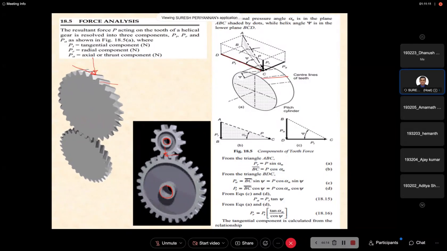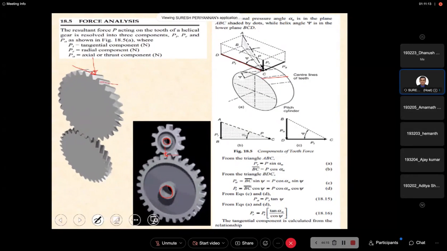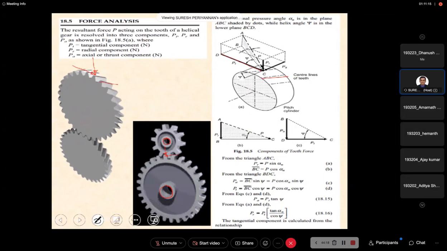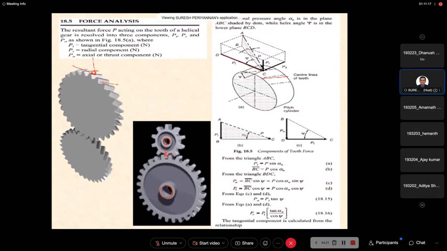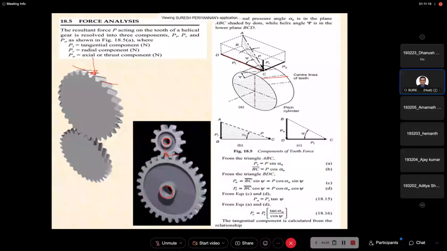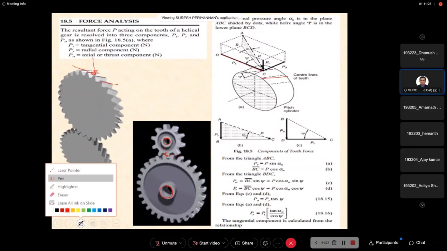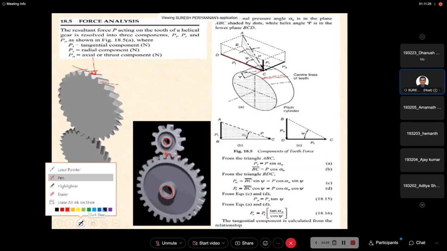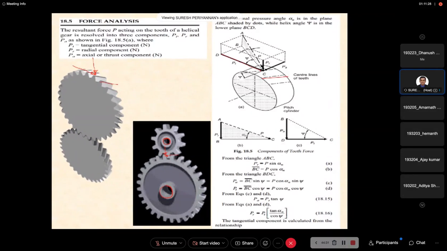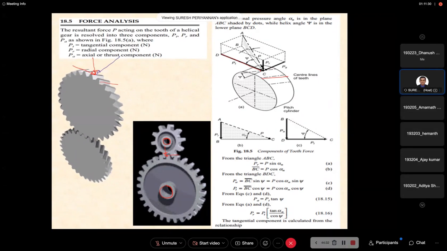Now, due to the helix angle, one more force is present, that is PA here. Because of this, PA is acting here. That is the third force. We already discussed in the different types of gears, but in spur gears, no axial force.